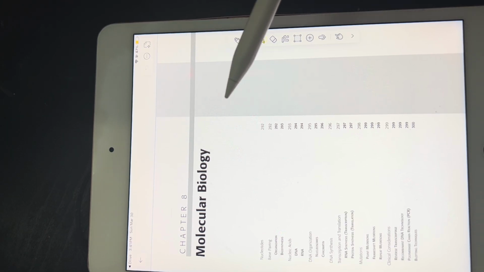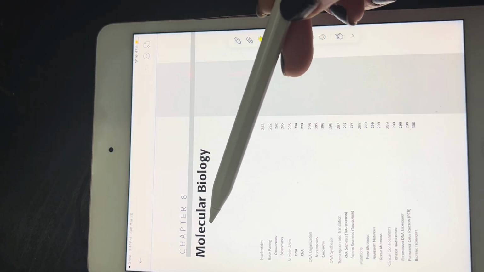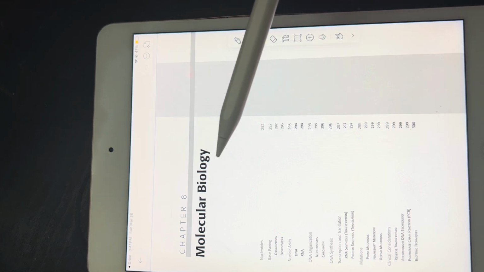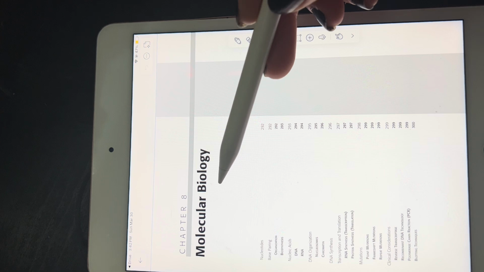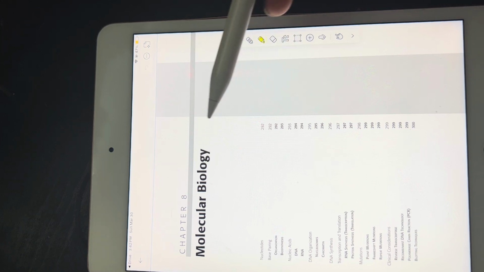So this one is a very important chapter in biochemistry and physiology. That's molecular biology.